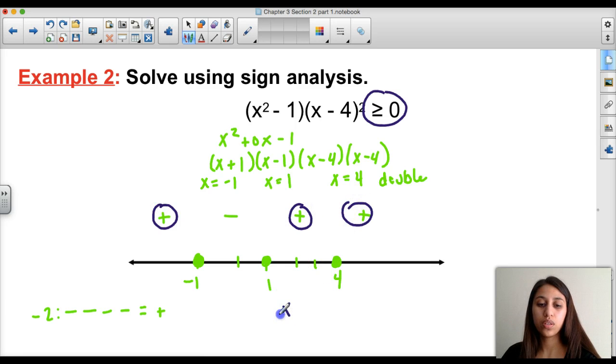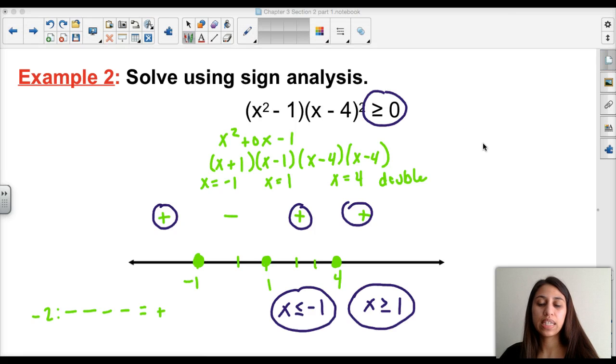So our solutions are values that are less than or equal to -1, and then values to the right of 1. Notice because they're both positive, it's all of the values greater than or equal to 1. So these are our two solutions.